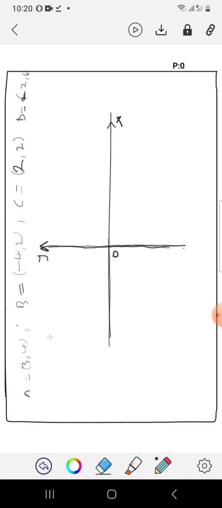The smallest number we have on the positive x-axis is 2, which is this guy. After that, we have 3. On the negative side, the largest one we have is minus 2, and we have minus 4.